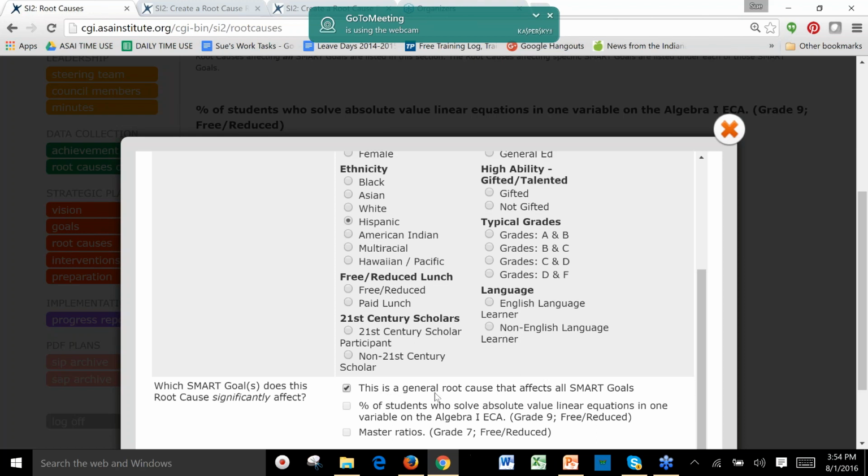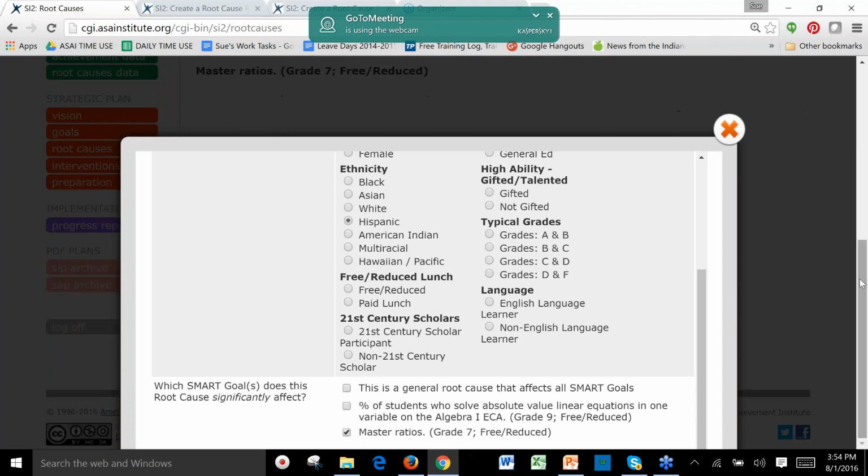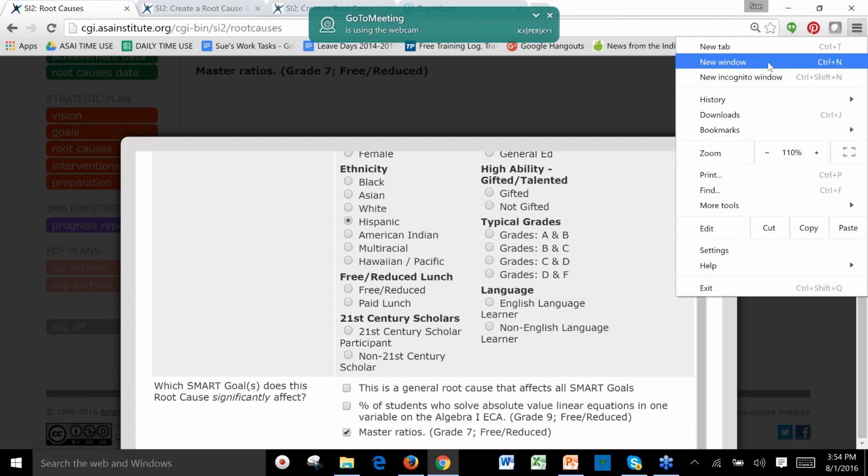This impacts that ratios SMART goal. Okay, so that's how you do that.